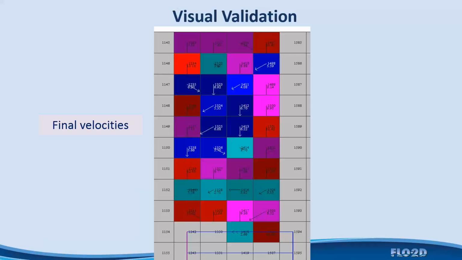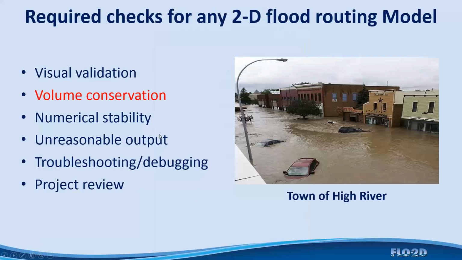That gives you an indication that maybe the results are not that great. I have a final velocity ranging from 2 feet per second up to, let's see what the highest one is here, 13 feet per second. So this is not such a good result.